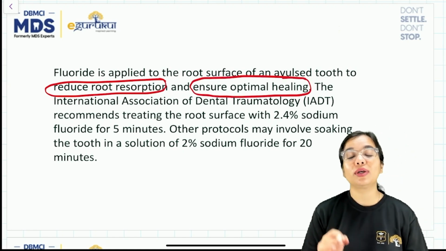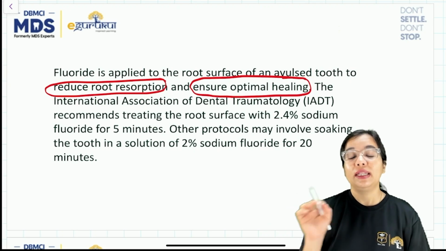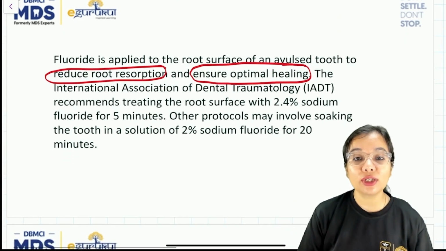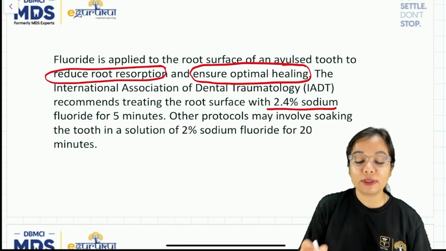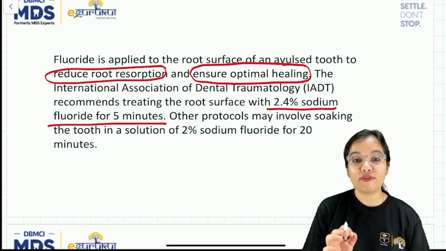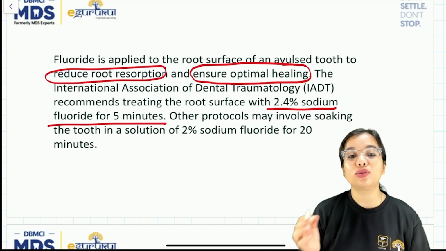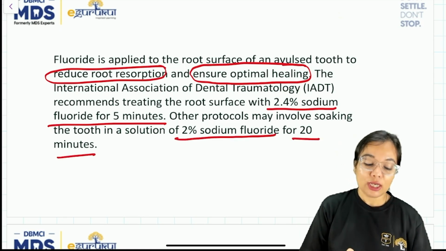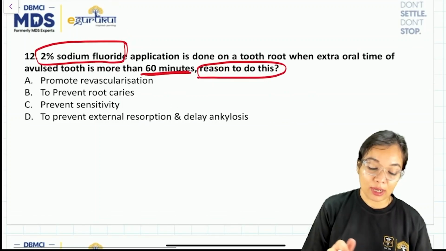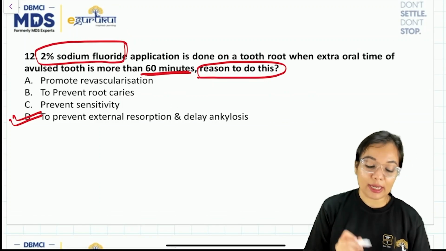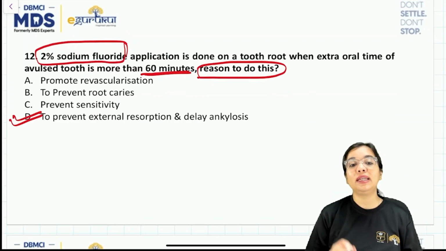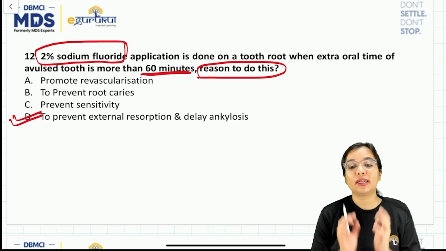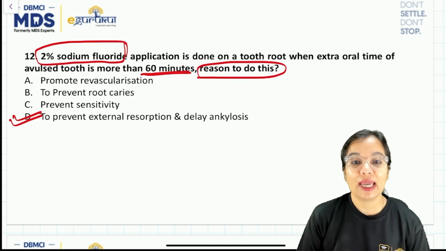This is according to the guidelines of the IADT, the International Association of Dental Traumatology. It recommends treating the root surface with 2.4% sodium fluoride for 5 minutes. Other protocols may involve soaking the tooth in a solution of 2% sodium fluoride for 20 minutes. So the answer here becomes to prevent external resorption, delay the ankylosis, and promote healing. So 2% sodium fluoride in an avulsed tooth actually prevents the external resorption.